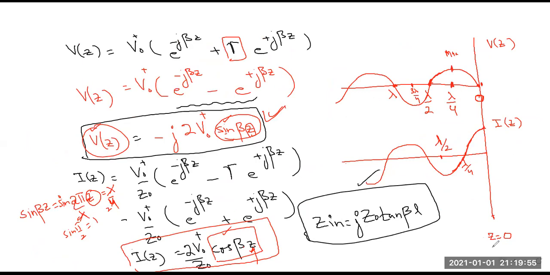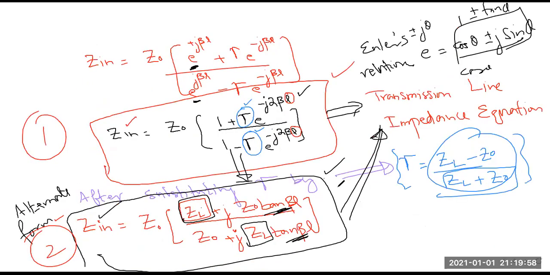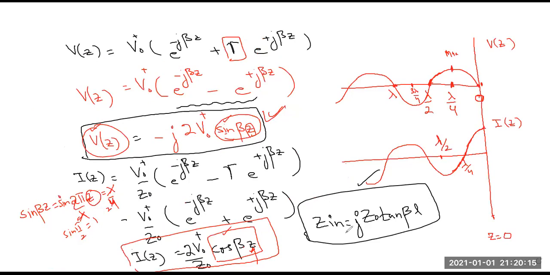So from where will you get this expression? With using this one. ZL is equal to 0, so this Z0 and Z0 will cancel out. You will be only left with this term, jZ0 tan(βL). Now this is another interesting behavior of a short circuit terminated line: the input impedance is, first of all, purely imaginary.